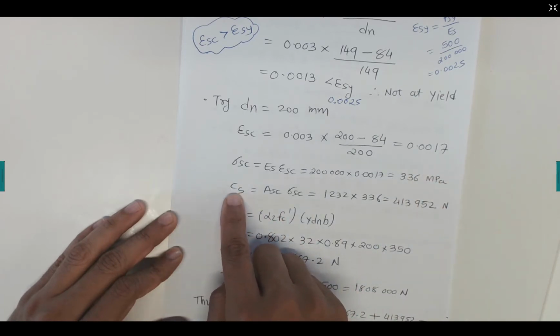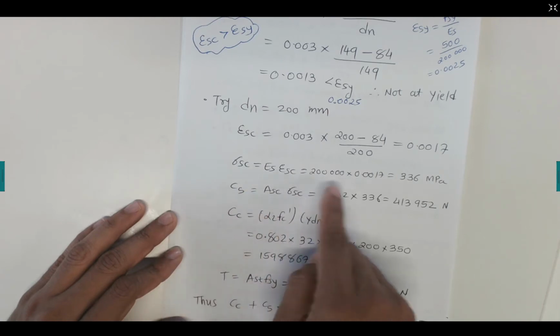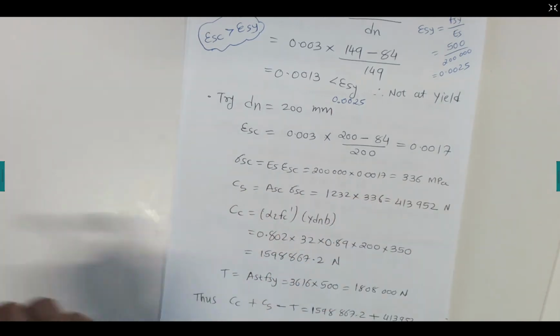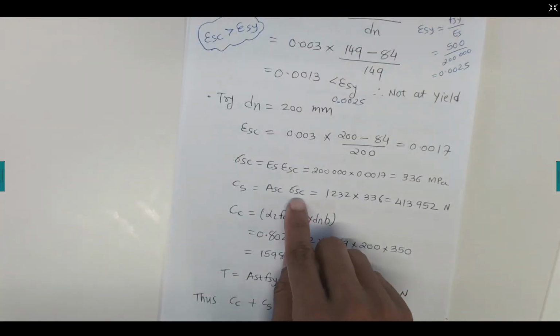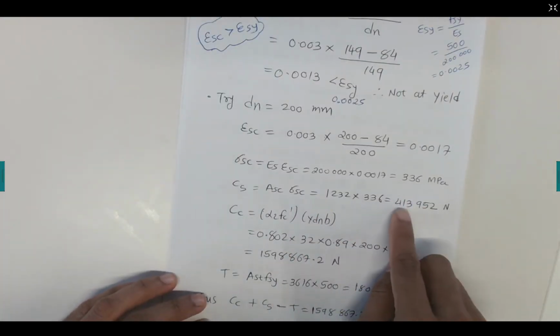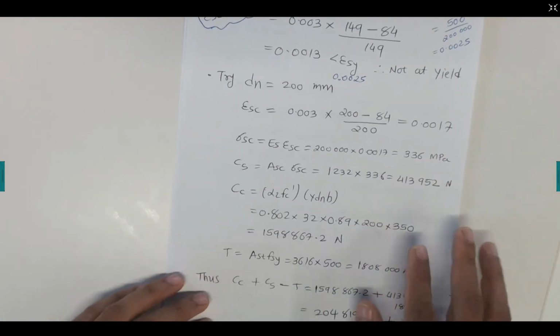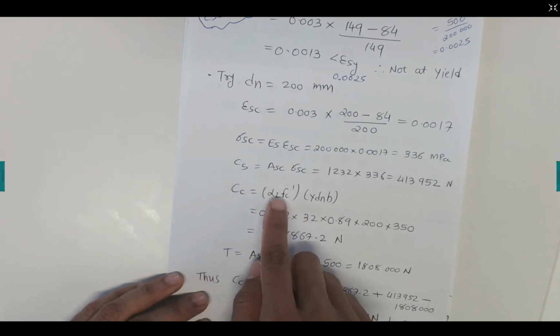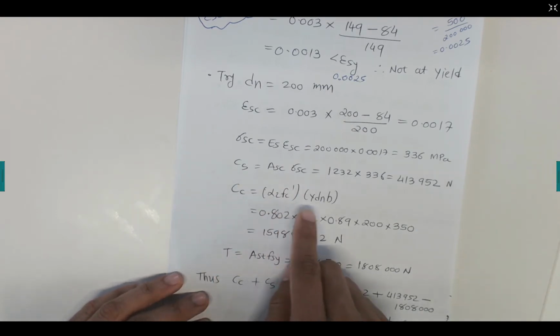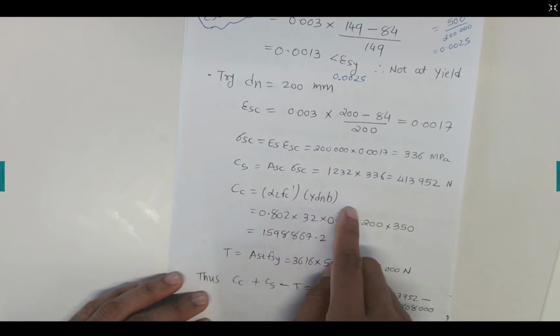Compression force in the top reinforcement is the area times the stress. Area is 1232 millimeters squared, which we took in the last video, times the stress 336, giving 13,952 newtons. Compression force in the concrete above the neutral axis is the stress, alpha 2 fc dash, times the area, gamma dn b.